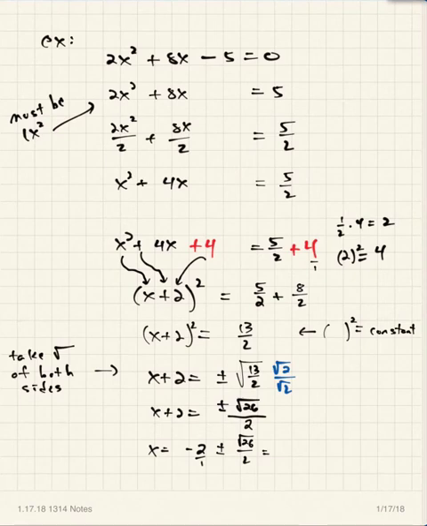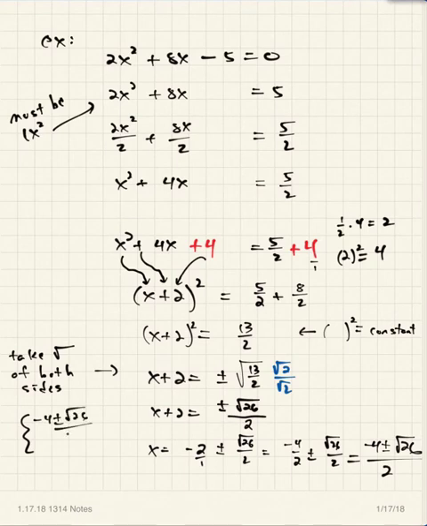And so you multiply top and bottom by 2, and you get negative 4 over 2 plus or minus the square root of 26 over 2, which is negative 4 plus or minus the square root of 26, all over 2. And then don't forget, I can't divide those 2's out between the negative 4 and the 2, and so those would be my solutions.